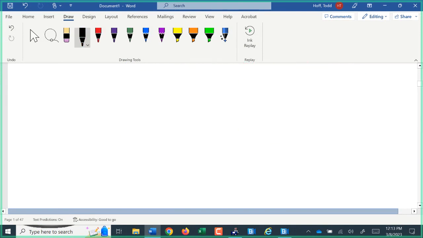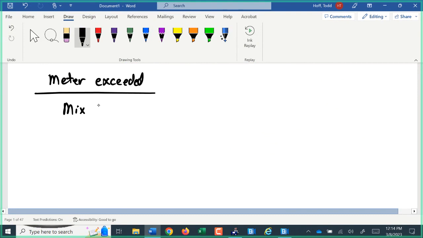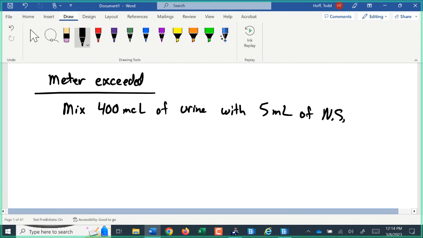Or let's say we have, again, another situation where the meter is exceeded. And so we mix 400 microliters of urine with, let's see, 5 milliliters of NS.